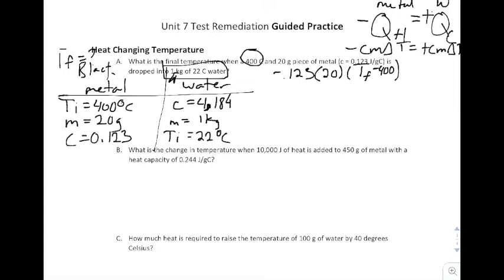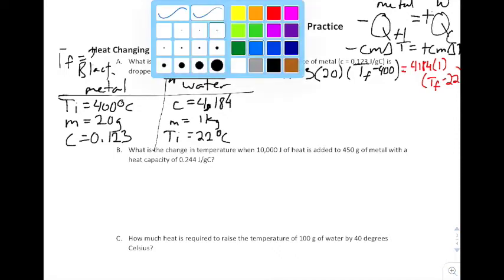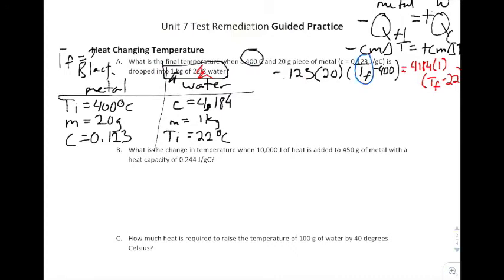Then on the other side, I'm going to switch it and say that water is red, equals 4184 times 1 times TF minus 22. So if you look, I have TF and I have TF. One thing that you should realize is that the final temperature of the metal and the final temperature of the water have to be the same because of thermal equilibrium. So because of that, you can treat it just like x, and x is on both sides, so at this point you just need to do the math.